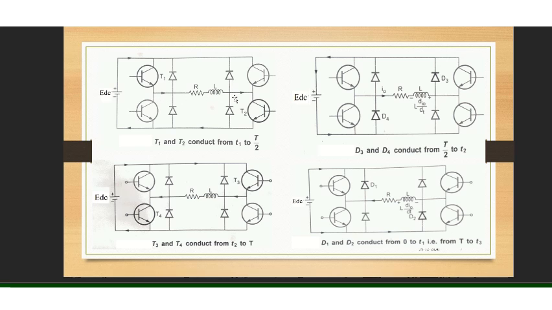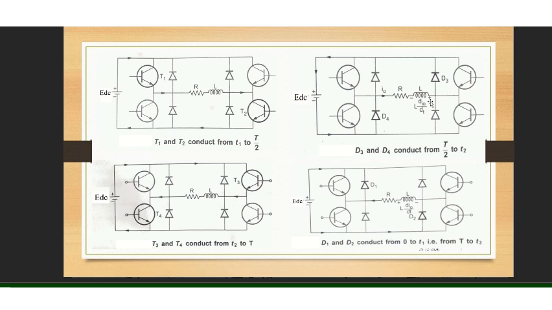When it was getting charged, or when the energy was getting stored, the potential at this point was positive and negative at the inductor. Once T1 and T2 were turned off, because of the property of the inductor, the polarity reverses.